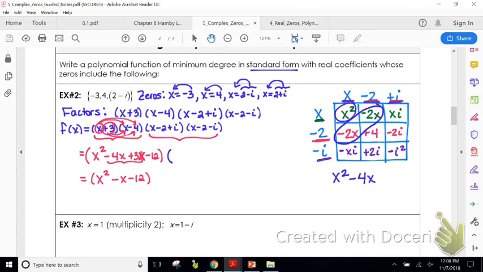Now this one's a little weird because a lot of times they'll come out in the diagonal, but I have that 4 stuck in there. But I have xi minus xi, what is that? It cancels, so I have that plus 4 there. I have -2i plus 2i, which cancels, right? And then I have that minus i squared.